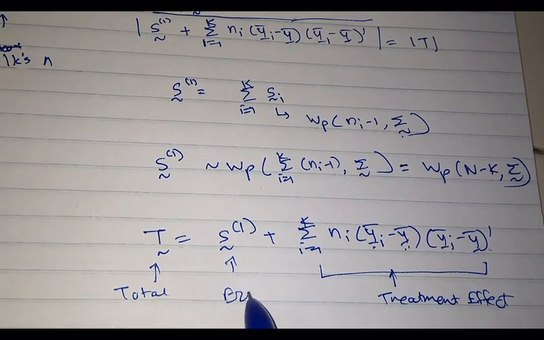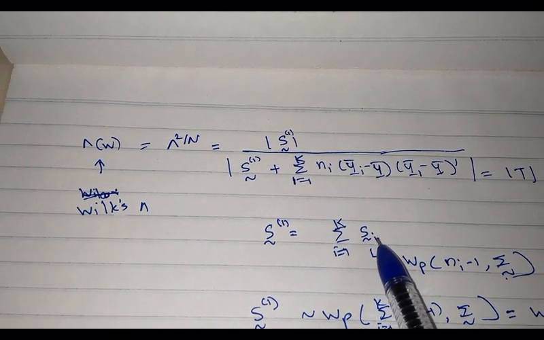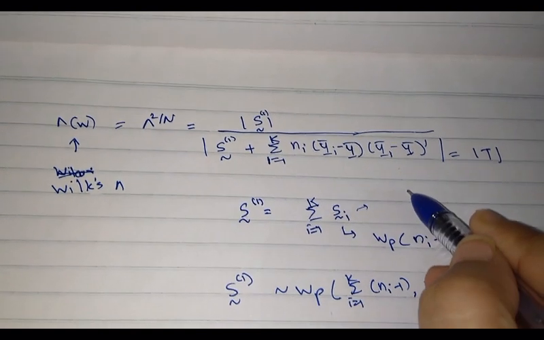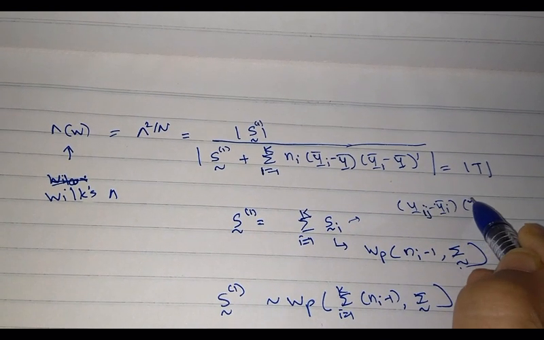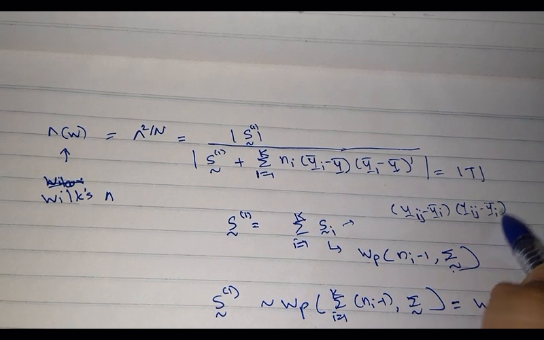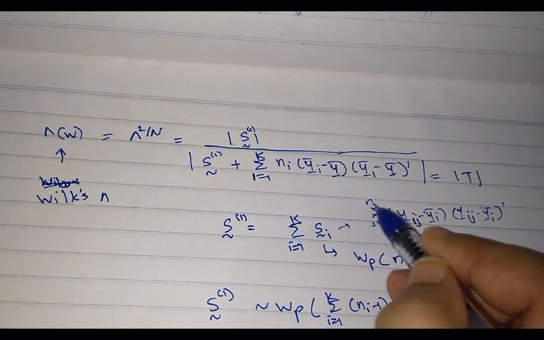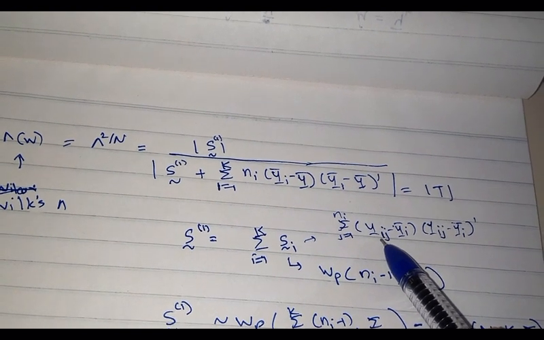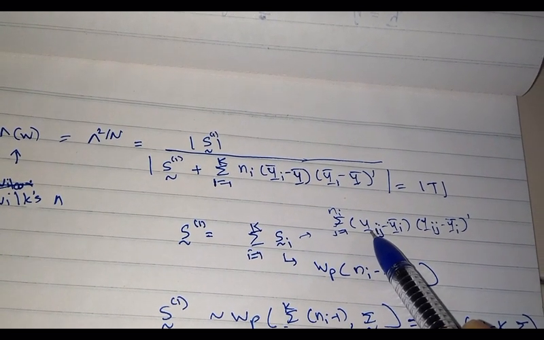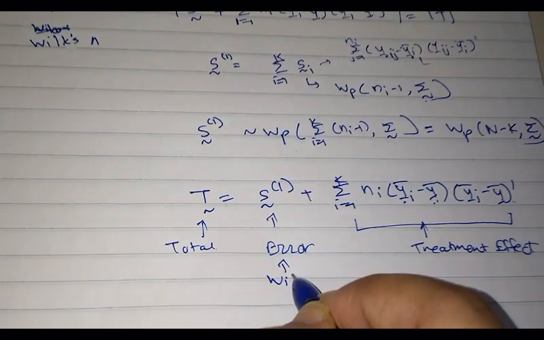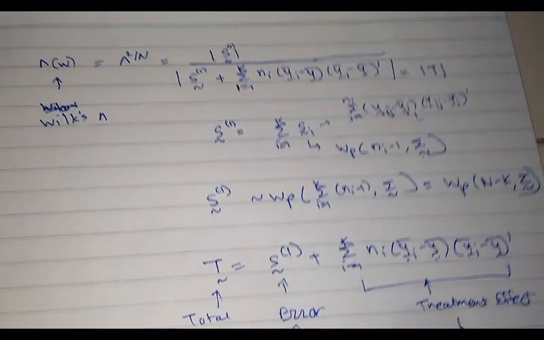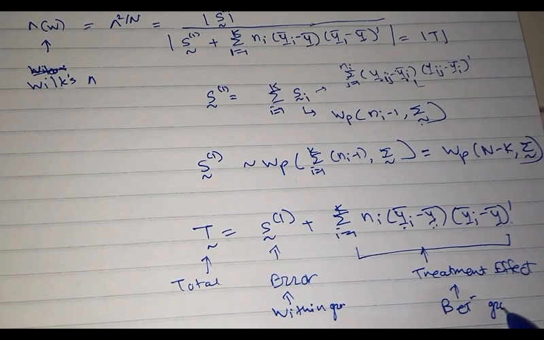So this is like the error effect, and you can understand why it is the error effect: each S1 comes from the summation of Si, and each Si is the sum over j going from 1 to Ni of (yij minus yi bar)(yij minus yi bar)prime. So each Si is the deviation of every observation from its own group mean. This is like the within group part, and the other is the between group part. This is exactly equivalent to what we have in univariate ANOVA.